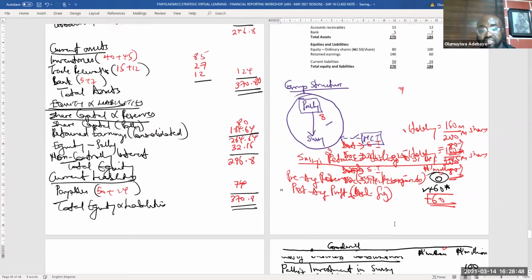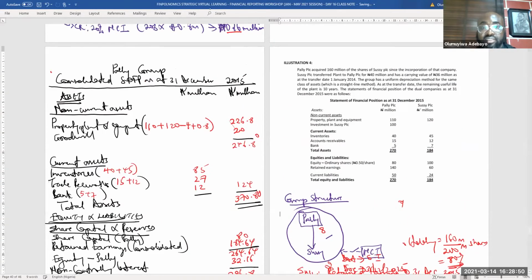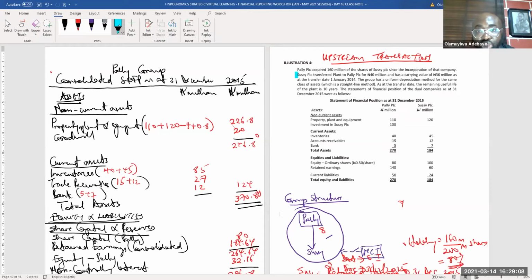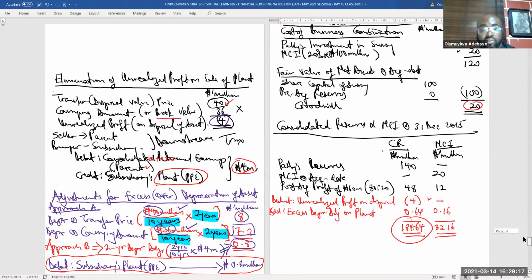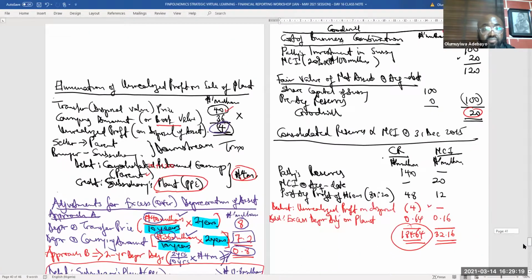Now, where is the difference? As I've said earlier, this is upstream. And why is it upstream? Because I came here the other time to highlight that Susie transferred to Pali. Now, in that light, where's the difference?